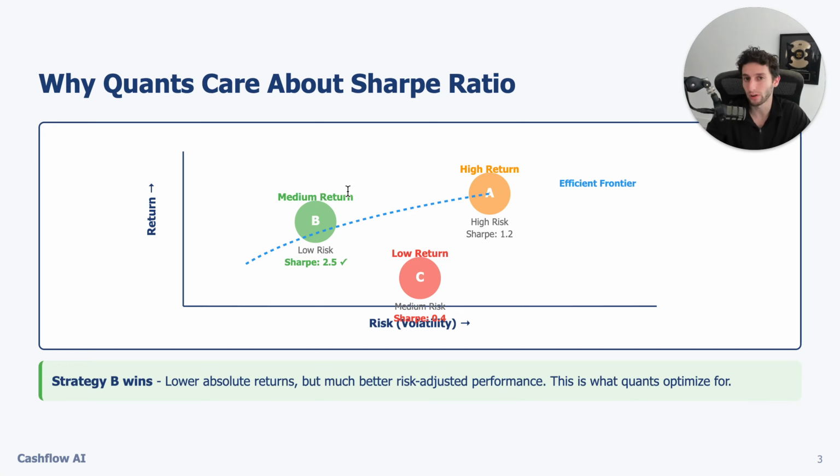And if that strategy has a high Sharpe ratio, you can afford to be more aggressive with it, and then you can end up making more money long term. Most quants think in terms of how much can I get based off how much I'm risking, not how much total profit can I make, so Sharpe ratio is the metric to go off of, and that's what they optimize for.